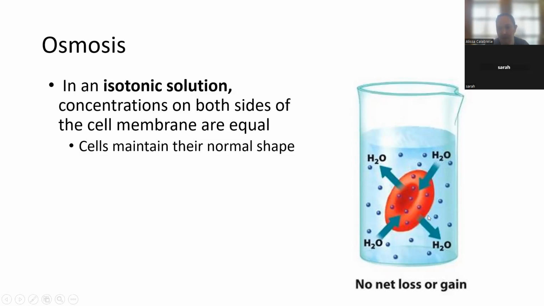And what's going to happen if we've got the same concentration of salt in and out is that water will move across that membrane in equal amounts. Right? We can see that there's water going out and there's water going in. Right? But the water going out and the water going in even out. So everything stays even. We're isotonic and the cells are happy. They're in their normal state.